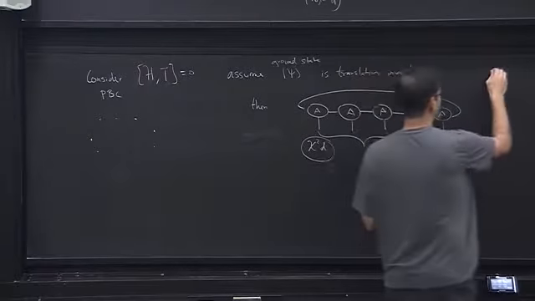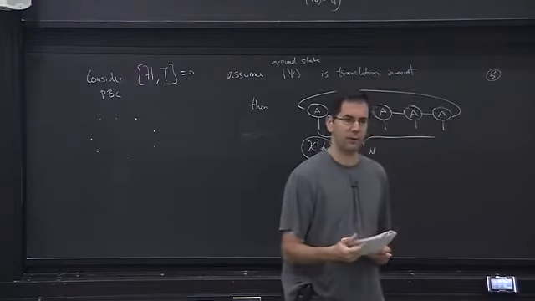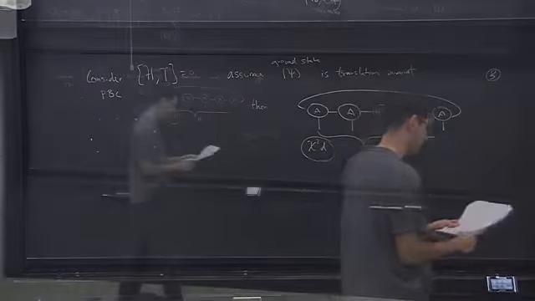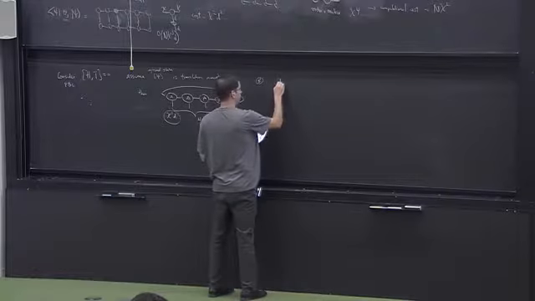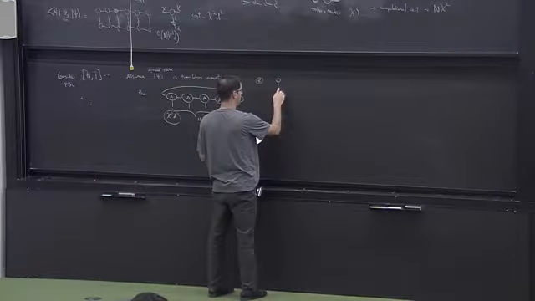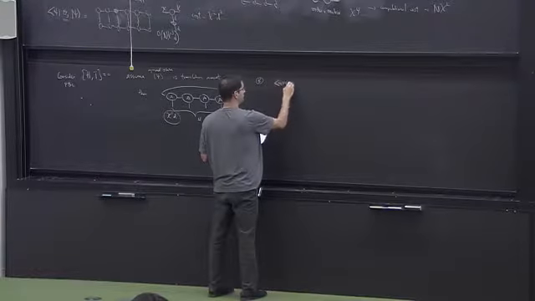Now part B, how about extracting information? How can we extract information in a way that the cost does not scale with the system size? And so the first question is then, how do we compute the norm?